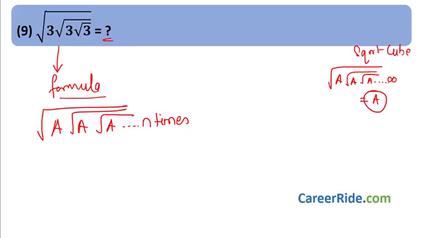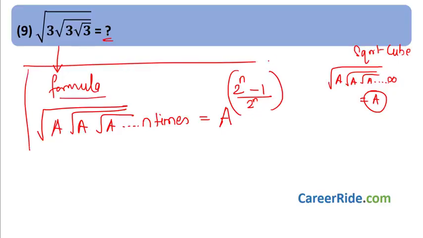Here it is just 3 times. If it is n times, then the answer would be a raised to 2 raised to n minus 1 divided by 2 raised to n. So a will be raised to this fraction, 2 raised to n minus 1 upon 2 raised to n.